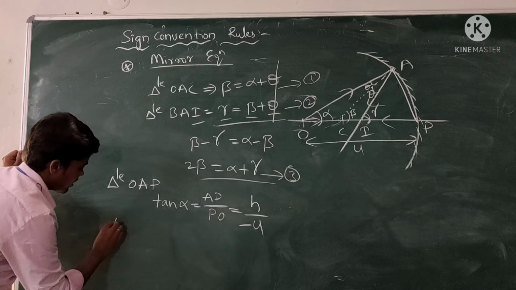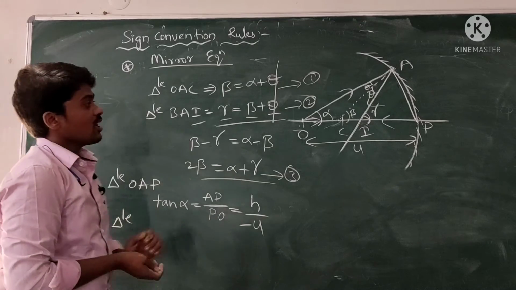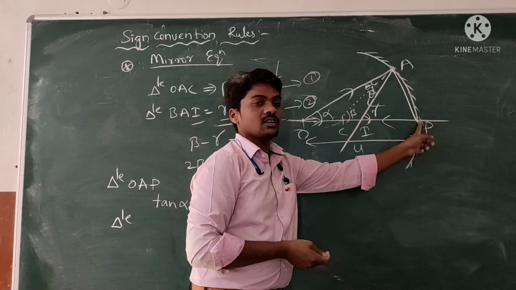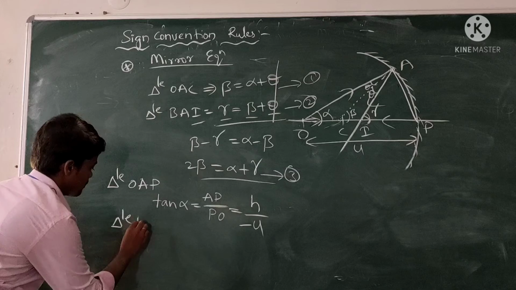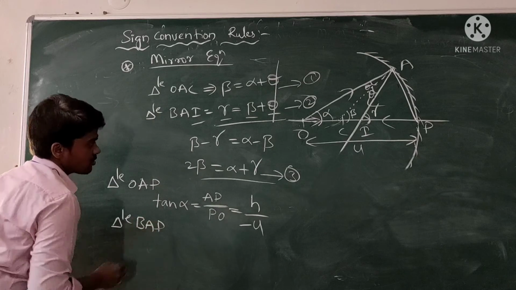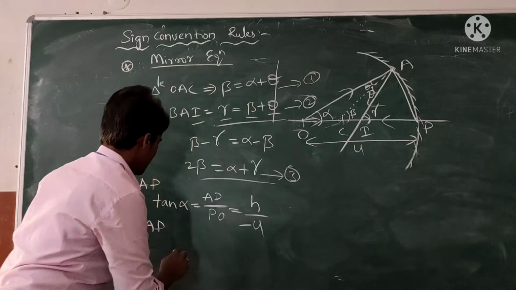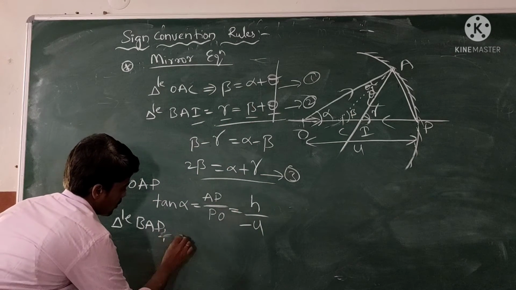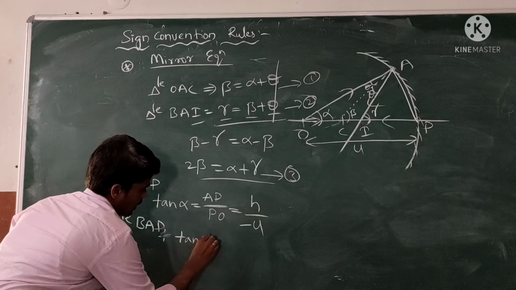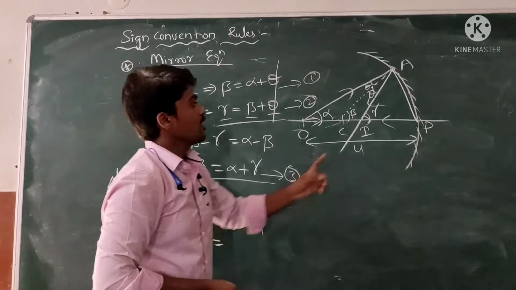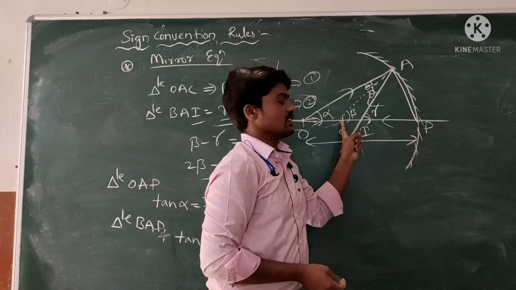Second, take triangle BAP. Here also the same thing. Taking the angle as beta, tan beta equals AP by PC.